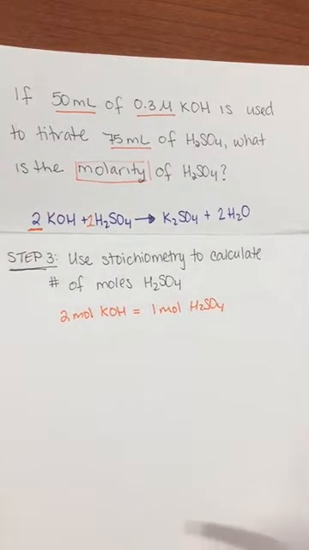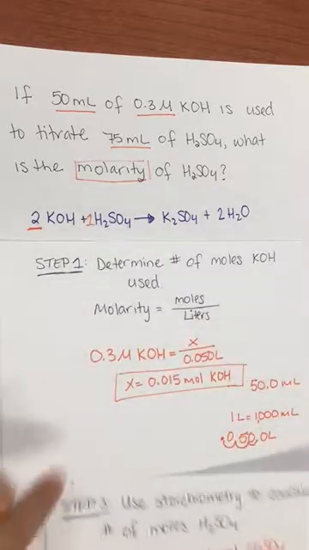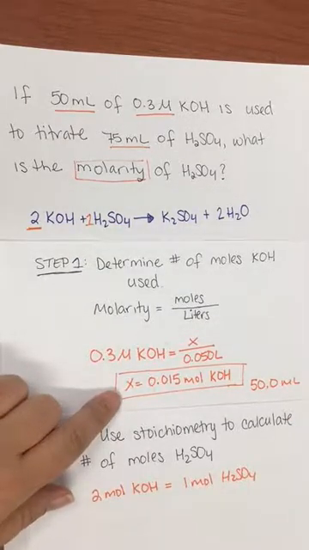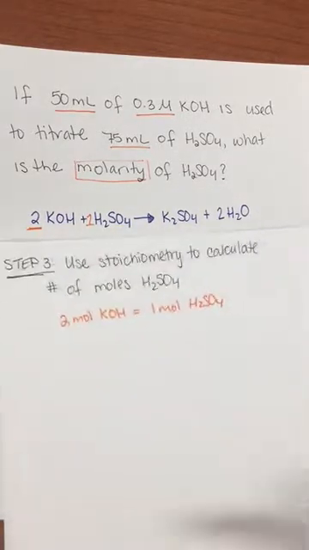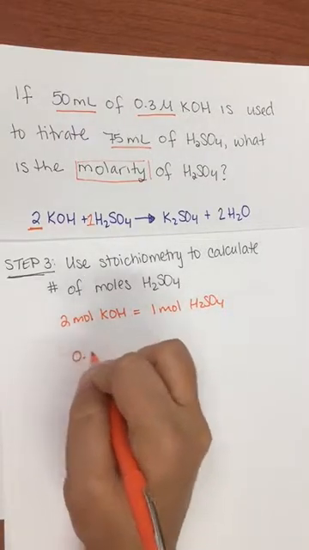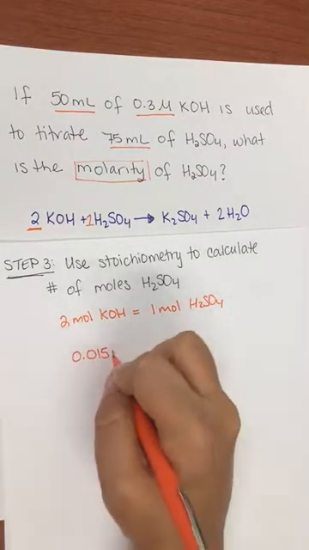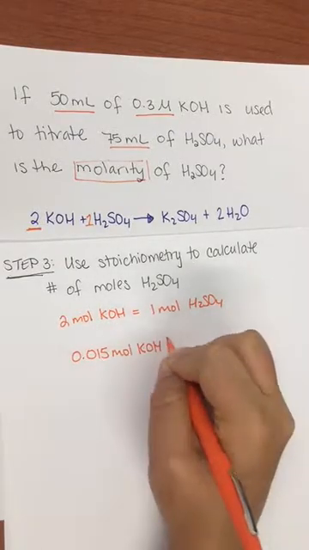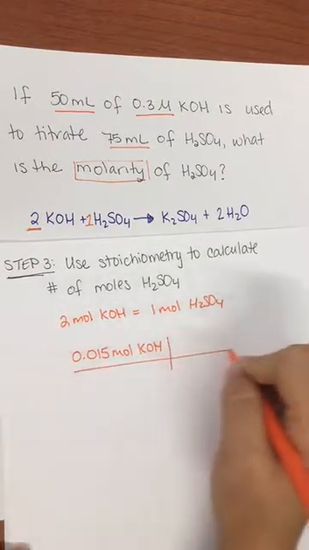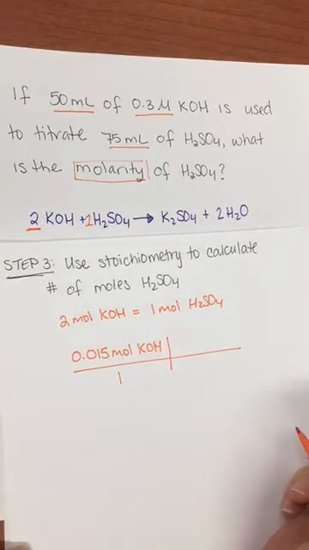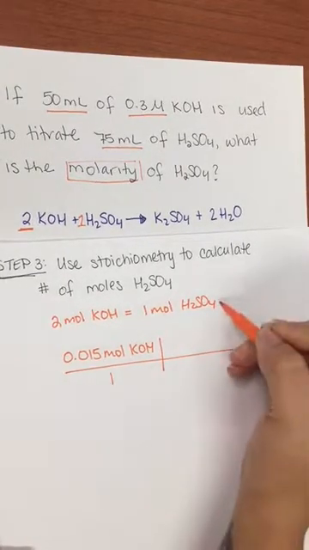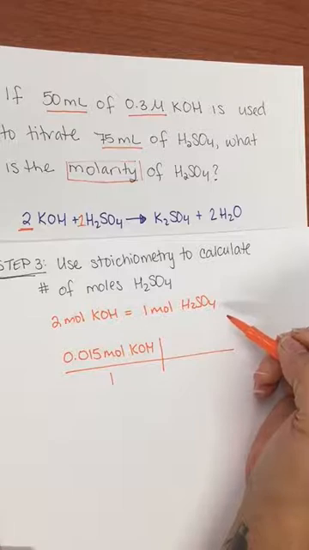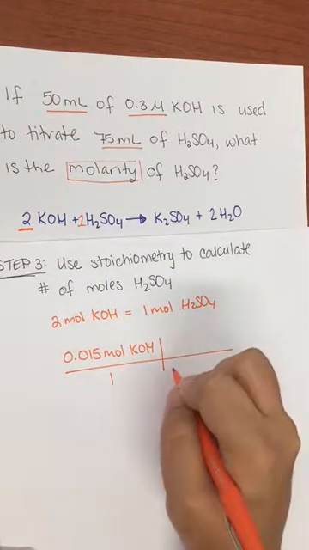I'm starting with 0.015 mole KOH. That's the start of my stoichiometry, the start of my railroad track. I then use the ratio to convert from mole KOH to mole H2SO4.